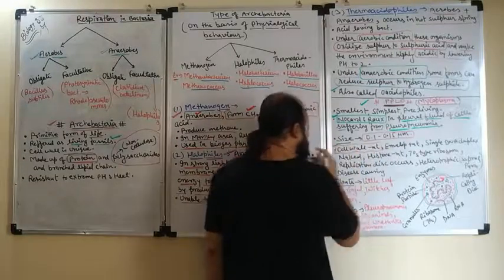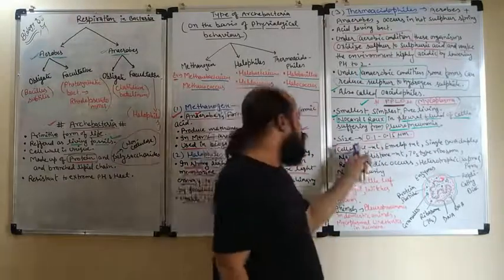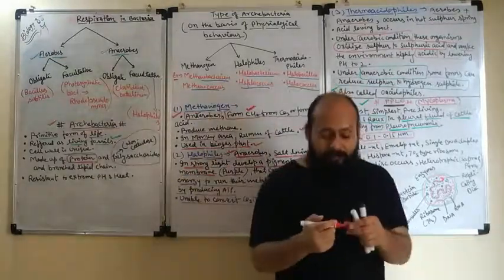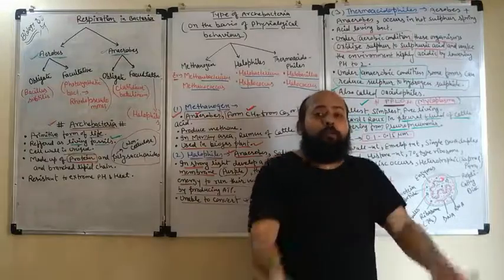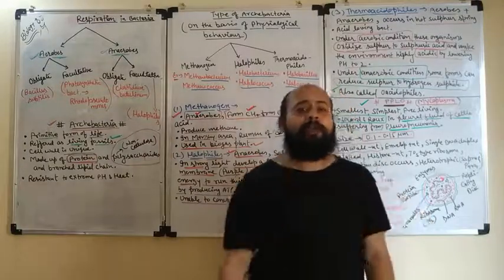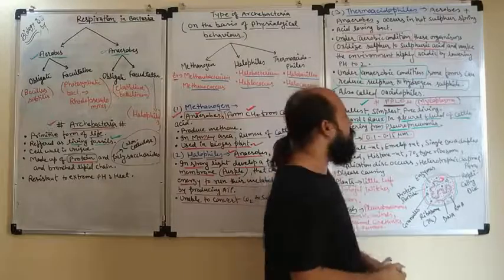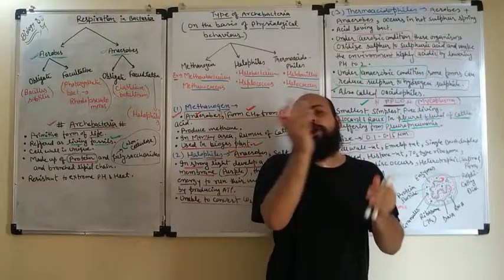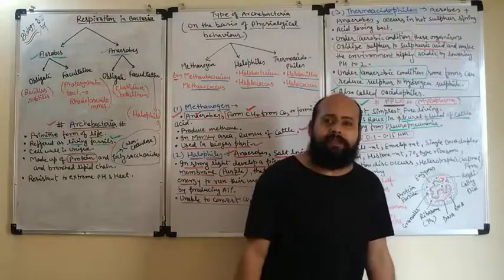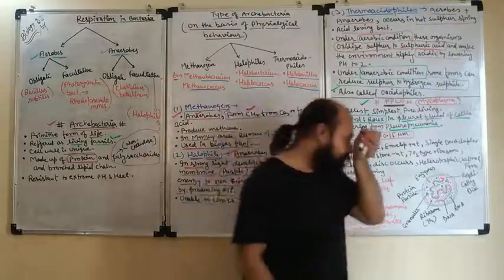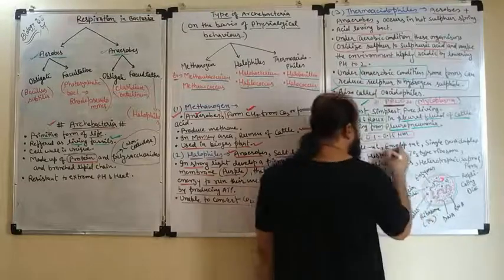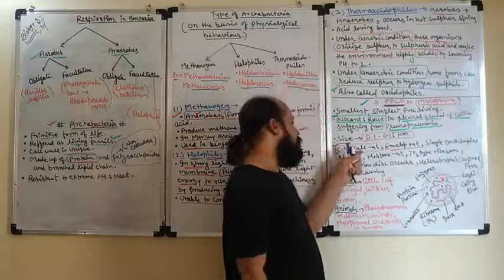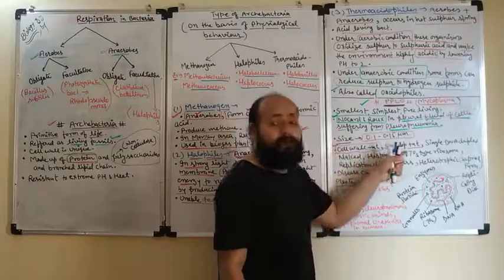So with no special hard covering, they show pleomorphism. They can change their shape in different conditions, or show amoeboid nature. The envelope is present, so the cell wall is absent but the envelope is present.